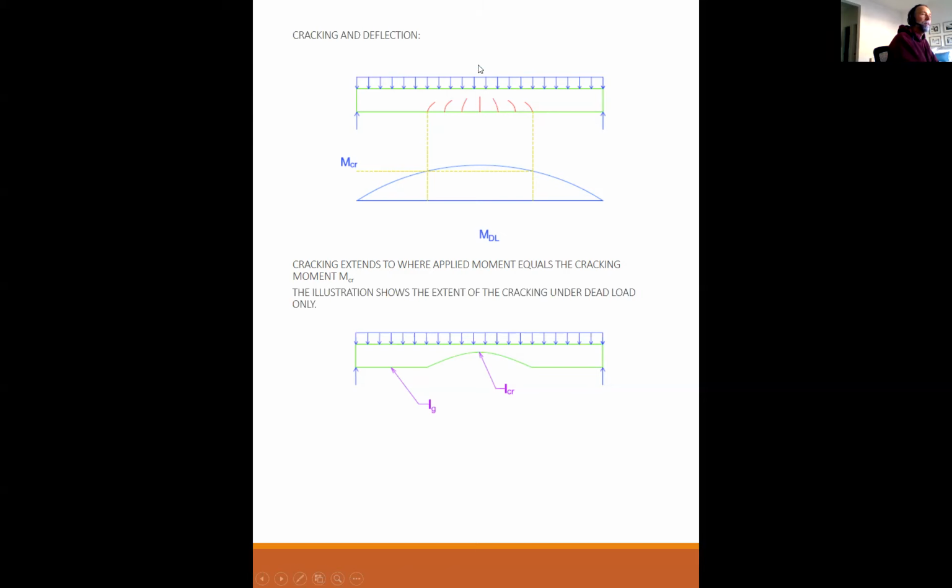So at the midspan, where the cracks project the highest, the concrete that is left, we found by I cracked. Remember, we calculated how much concrete balances the steel, and that's its point of stabilization.